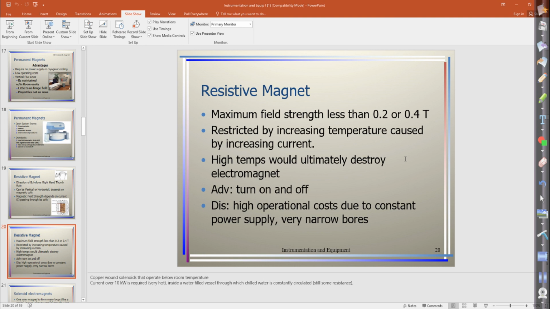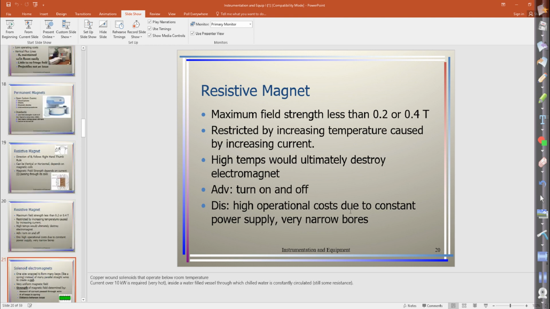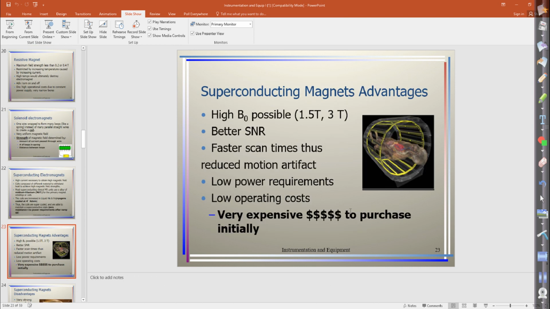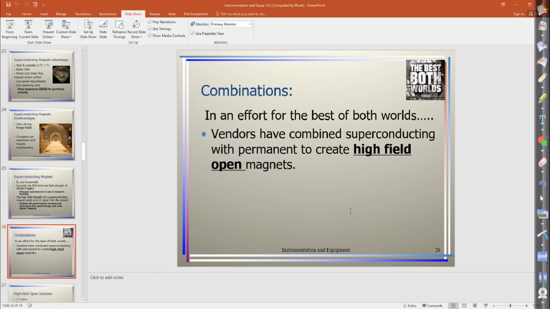So at the end of the day, if you want to turn it off, you can. But it does require a constant power supply, so our operational costs are usually very high. And then we talked about our superconducting magnets, which we've gone over many times when we discussed safety and various aspects.